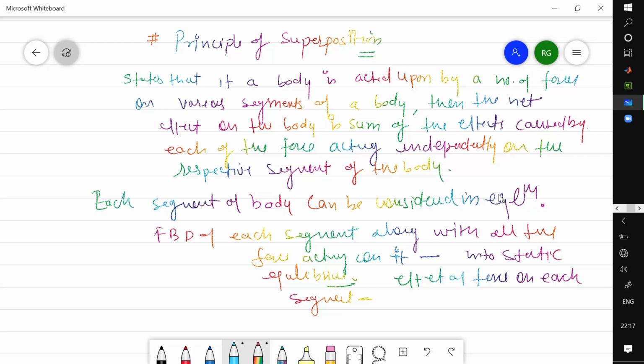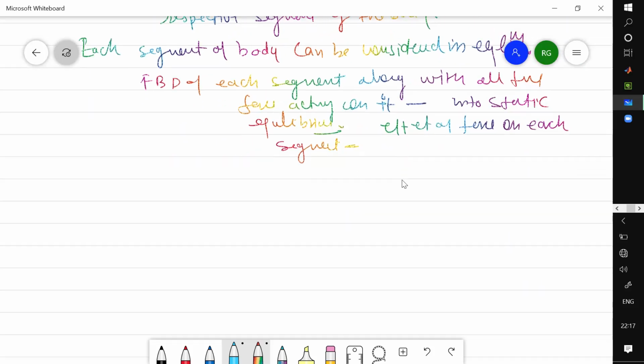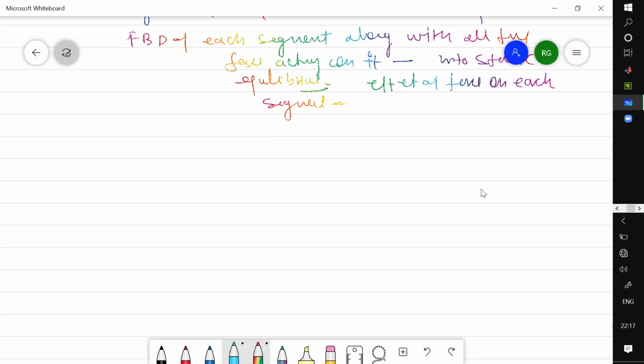So to understand this phenomenon, let's consider one example. Suppose we have one bar, and it is acted upon by a force of 50 kilonewton at this point.